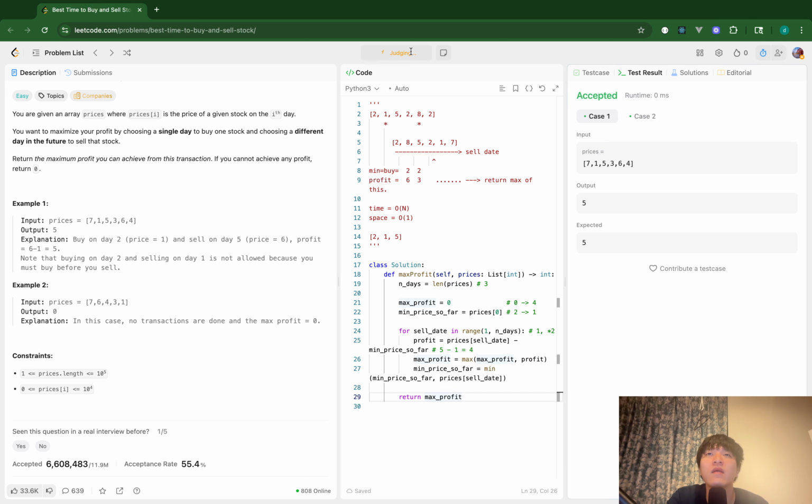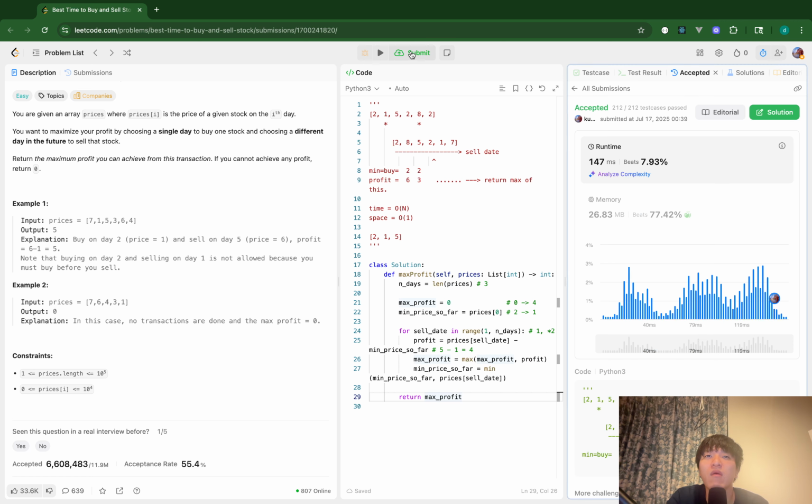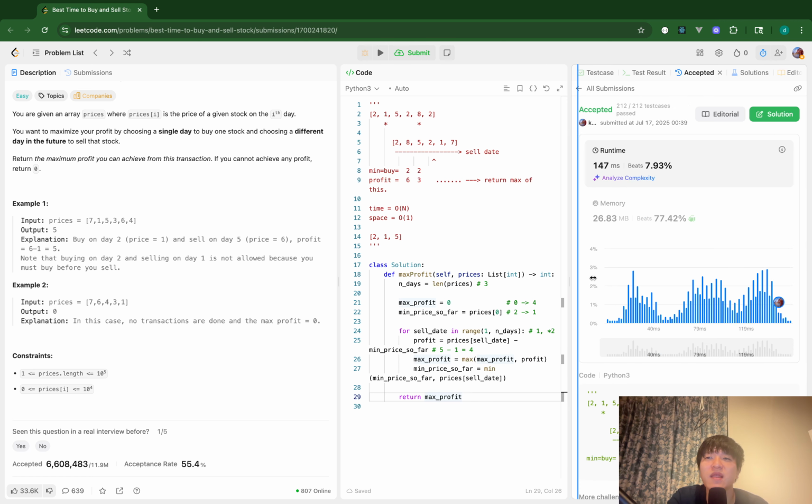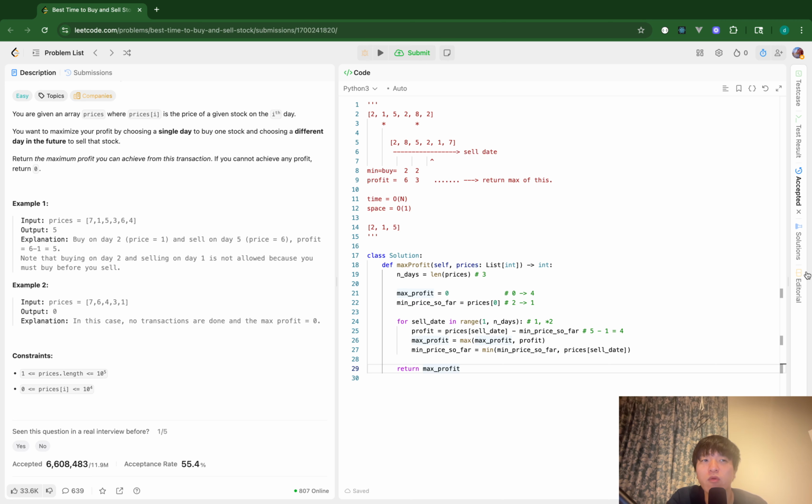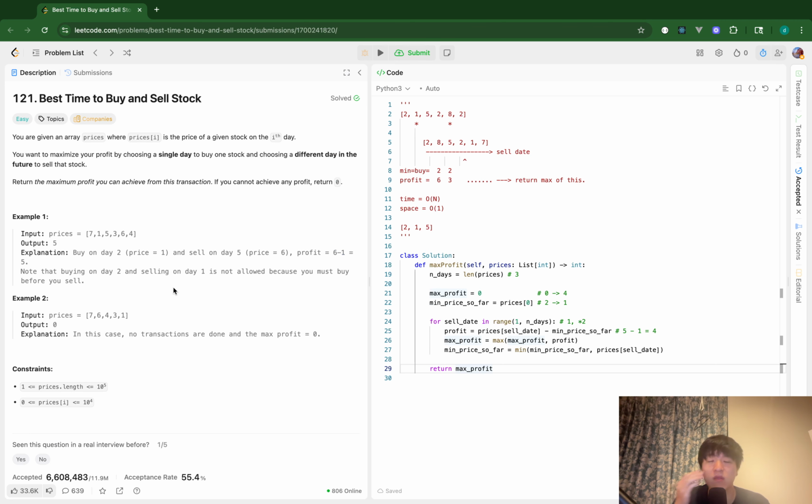Good. Okay, so that being said, I will quickly wrap up today's coding practice. In today's question, I saw the question best time to buy and sell stock. And in this question, I'm given the array of prices, which signifies the stock price on each day.